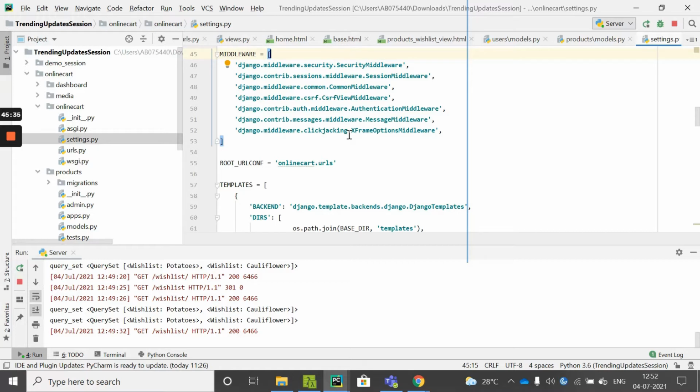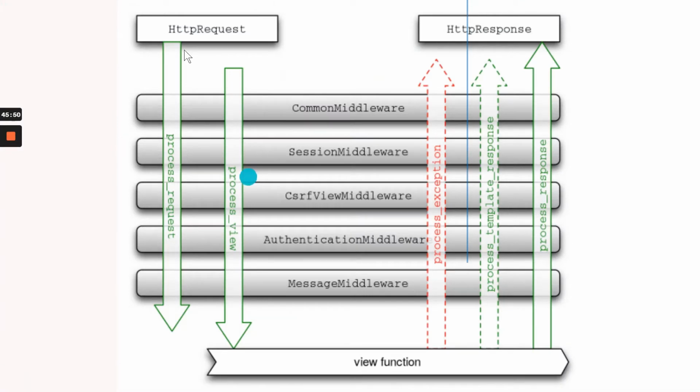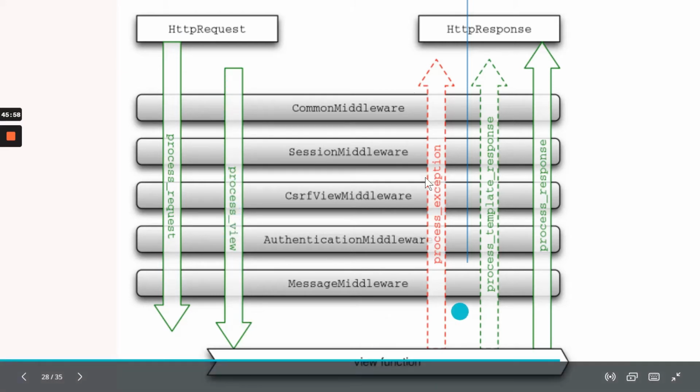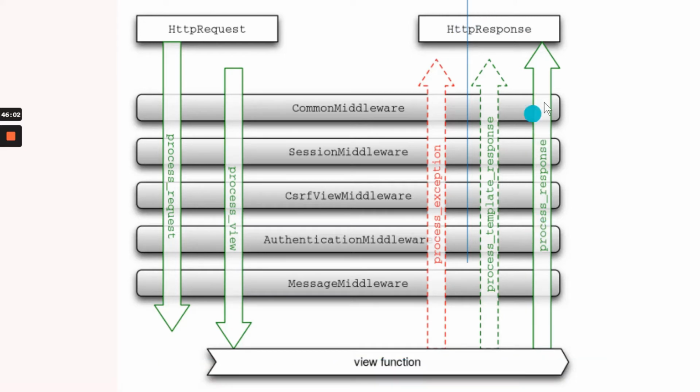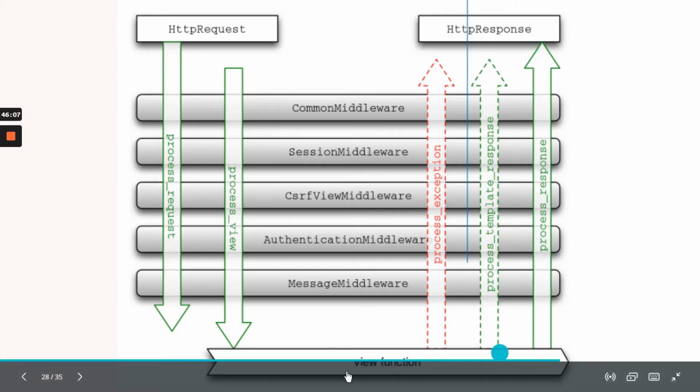When a request is being sent, before it reaches the view part of your program, it will first go top to bottom through all this middleware, and it will go into the def called process view. And once the request has a response, like you see here, process response, it will be followed from the bottom.